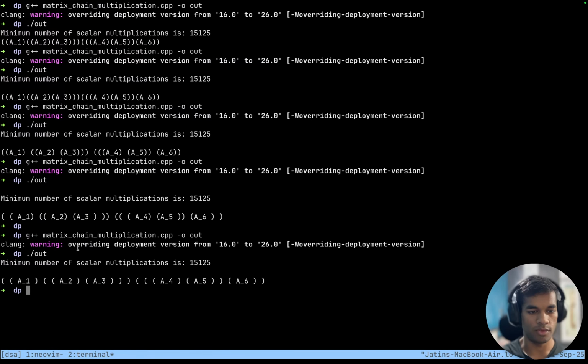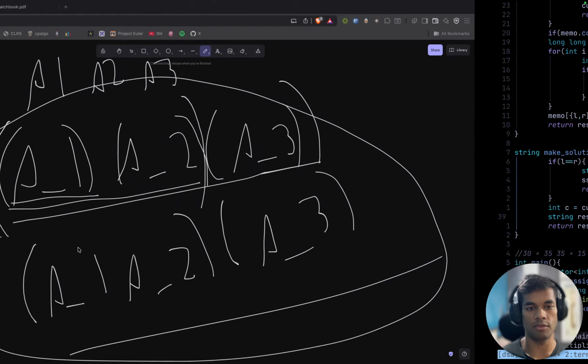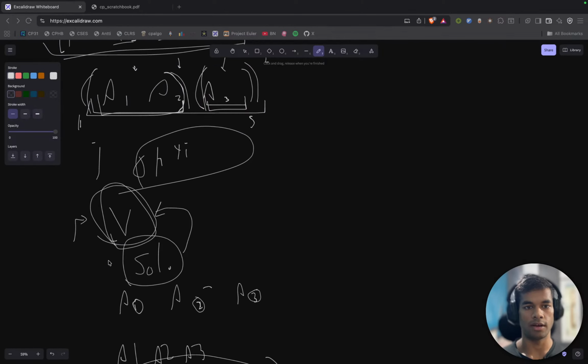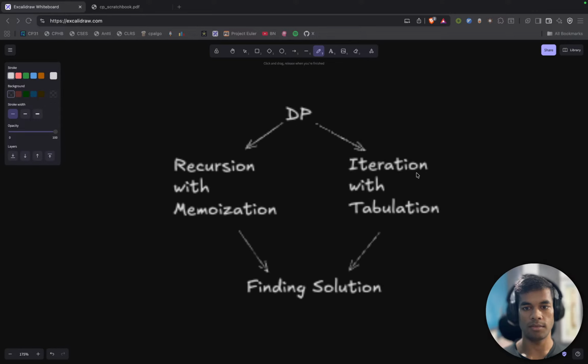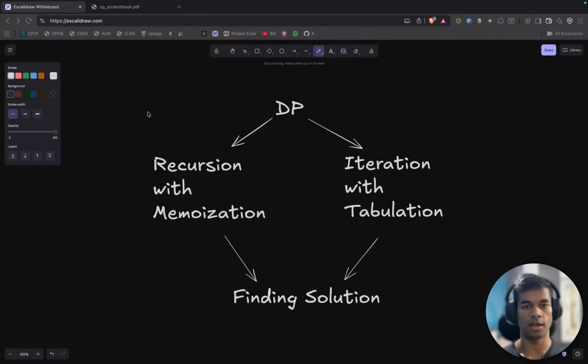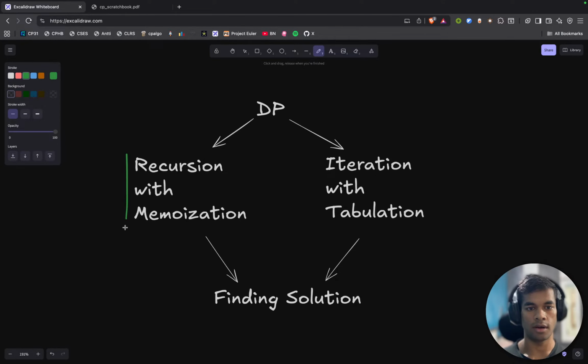Anyways, so we have written our recursive solution, this part. We have written our recursion with memoization, and we have also done this thing, finding the solution using the recursive part.